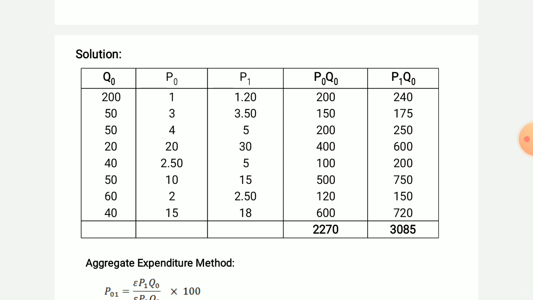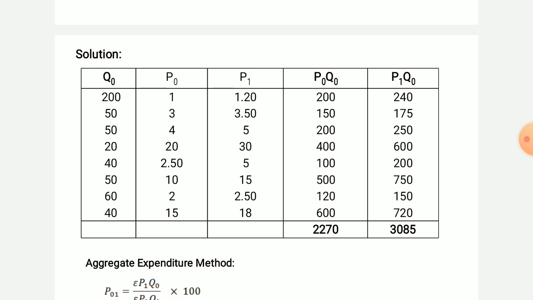And then with the help of the given data we can calculate P0 Q0: 2 into 200 is 200 into 1 is 200, 50 into 3 is 150, 4 into 50 is 200, 20 into 20 is 400, 2.50 into 40 is 100, 10 into 50 is 500, 2 into 60 is 120, and 15 into 40 is 600.